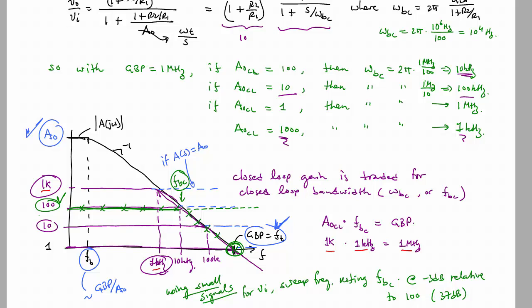With your gain bandwidth product and a DC measurement of A0, which you had in lab 2, you can find the break frequency of the open loop op-amp gain.